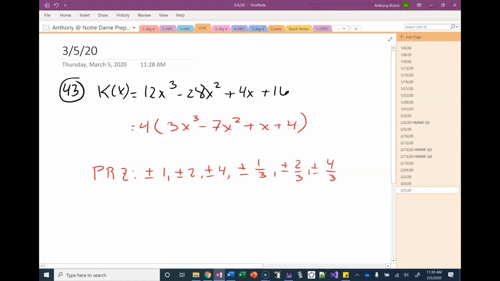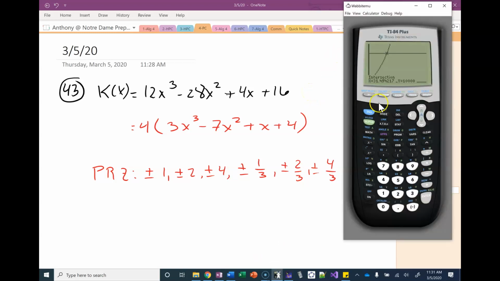So those are my possible rational zeros. And I'm going to cross-check these to what I see when I look at the graph. Okay? This will give me an idea of which of these are good candidates to do the synthetic division with, and which of these are ones to stay away from.